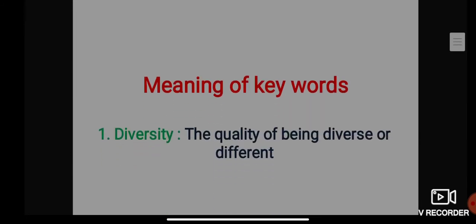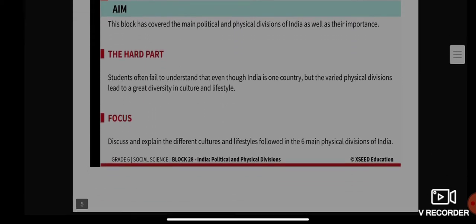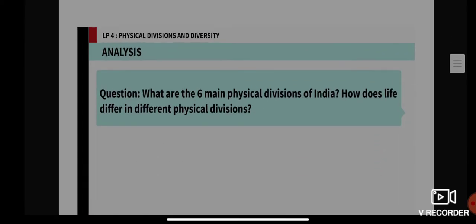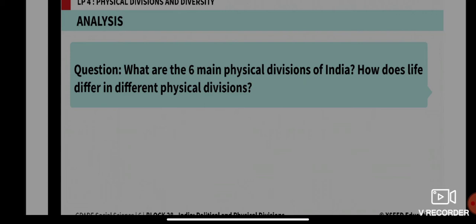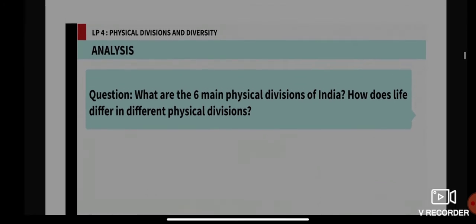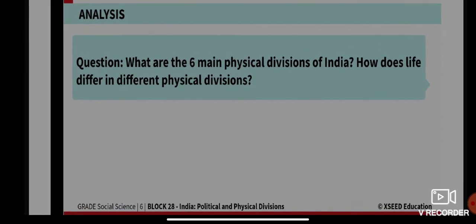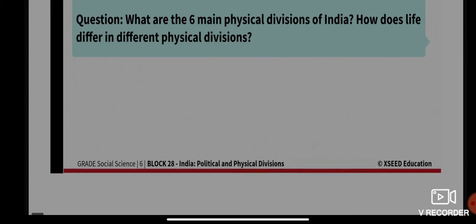The costume, everything differs. Okay, so that makes India a diverse country. So what are the six main physical divisions of India, and how does life differ in different physical divisions?